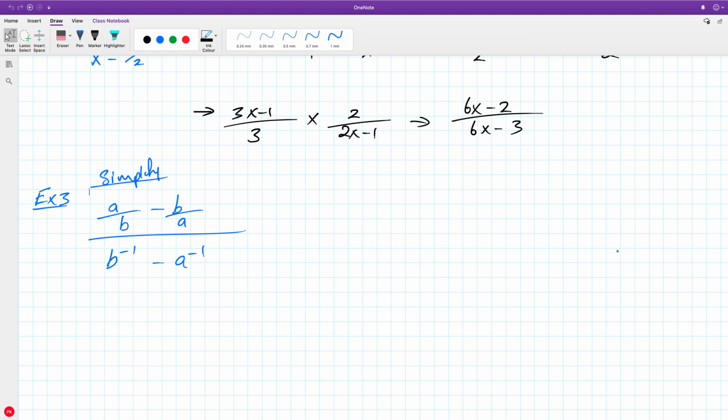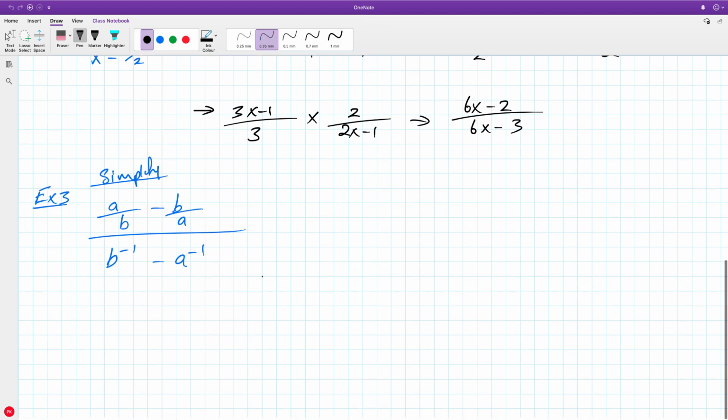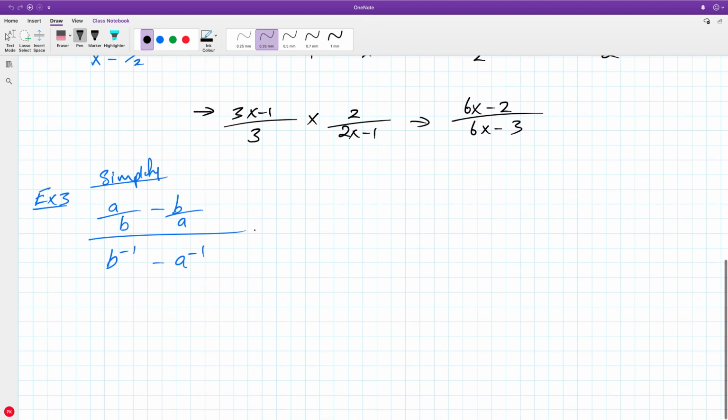Right, let's look at it. It's alright, small little trick. On the top and bottom. So on the top, once again, divide b into ba, you're left with a on our top line, which is a.